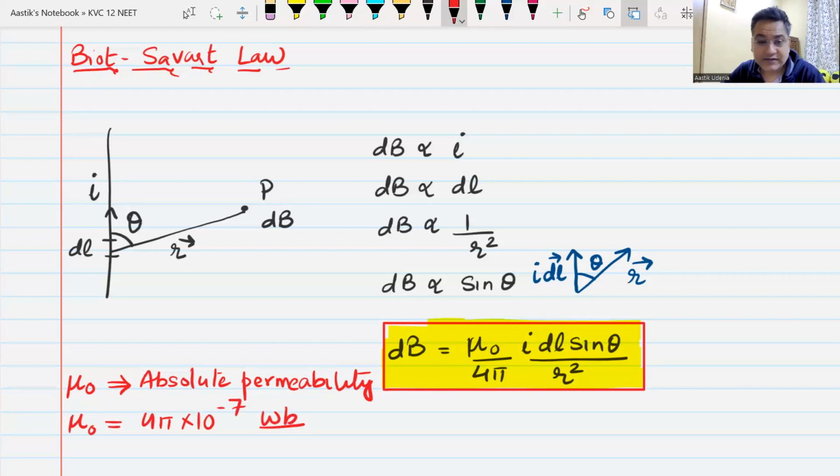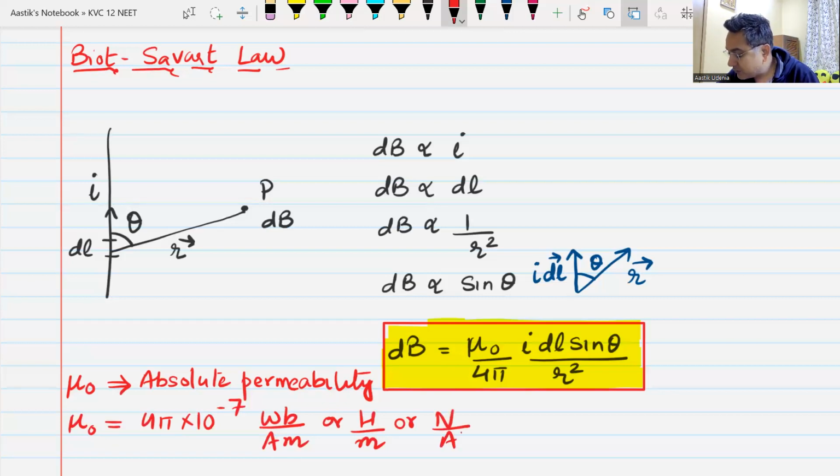You can write it as Weber per ampere meter, or Henry per meter. What is Henry? We will come to know about Henry. Or you can write it as Newton per ampere squared, or as Tesla meter per ampere.